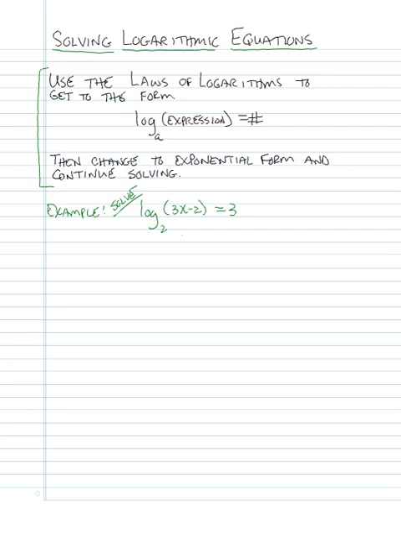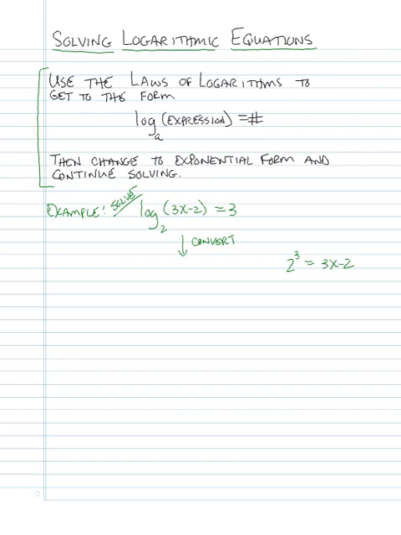So to solve this, what we'll do next is convert to exponential form. When we convert to exponential form, we have our base 2 to the power 3 equal to the argument, in this case 3x minus 2.